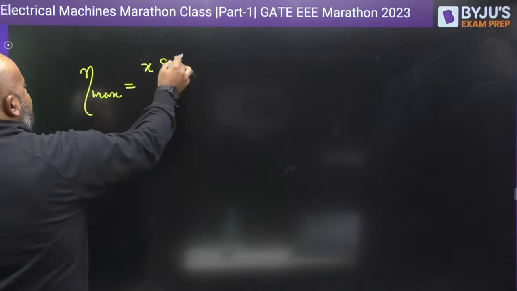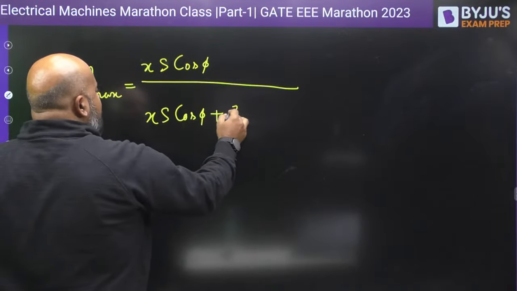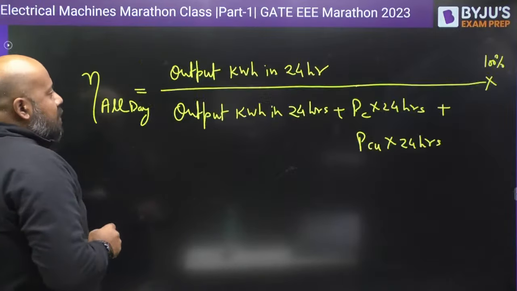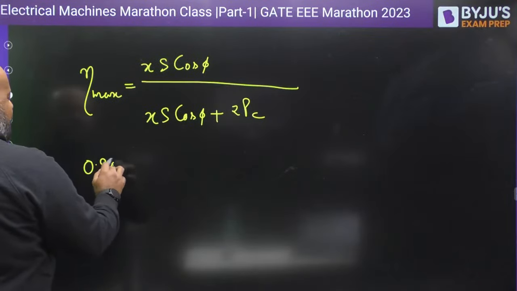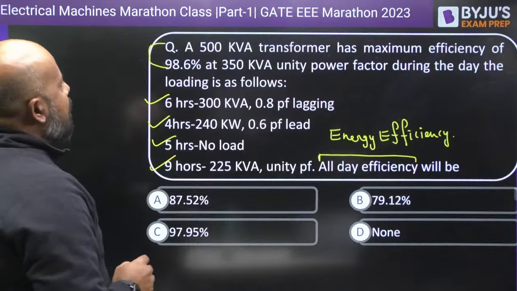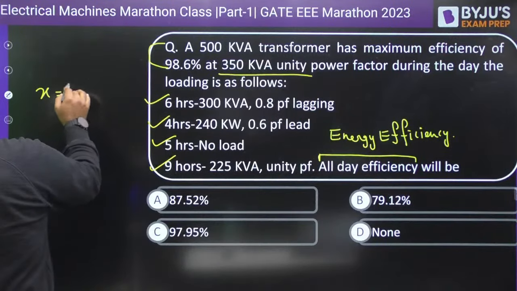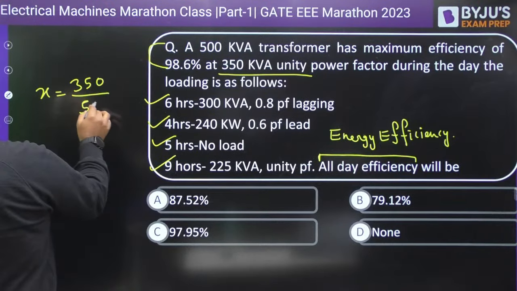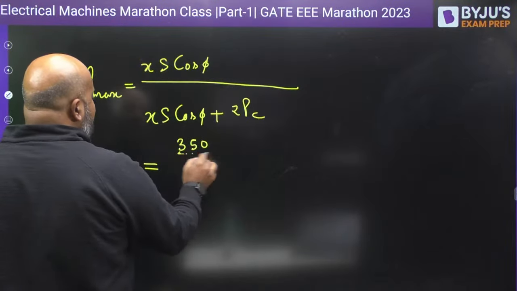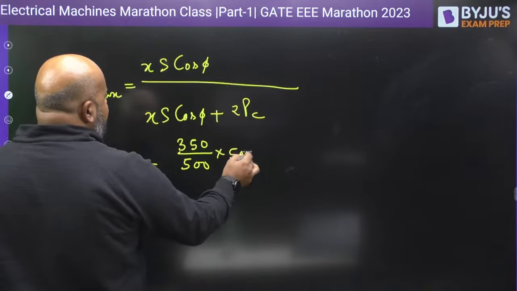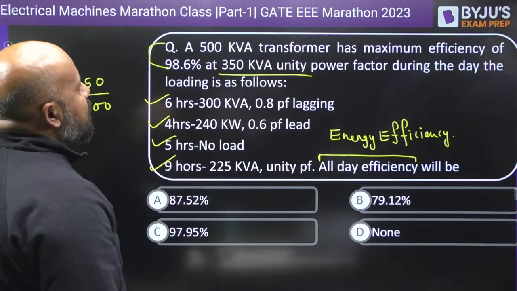It is XS cos phi divided by XS cos phi plus 2PC. What is the maximum efficiency? 98.6%, so 0.986. X is the loading, given as 350 kVA. So what is X here? Loading is 350 upon 500, or directly you could have written 350. What is the power factor?